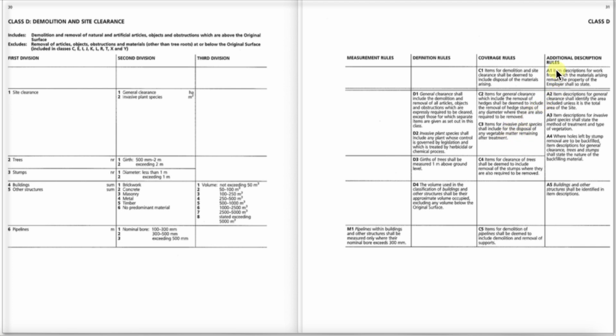Over to the right, the additional description rule, A1, item descriptions for work for which materials arising remain the property of the employer shall so state. That is not uncommon. I worked on a project in Leeds.